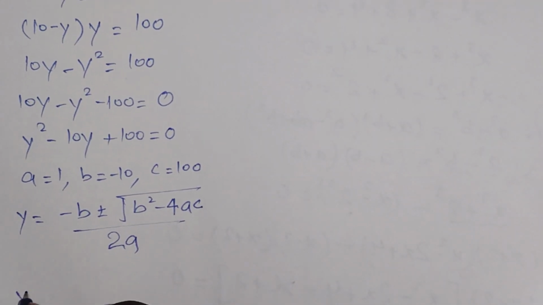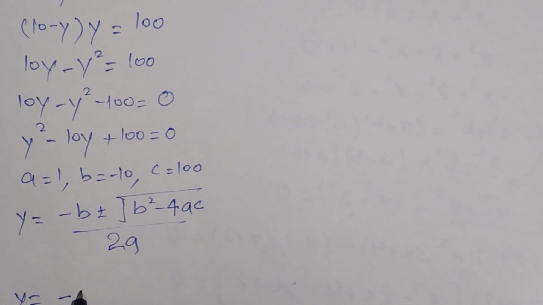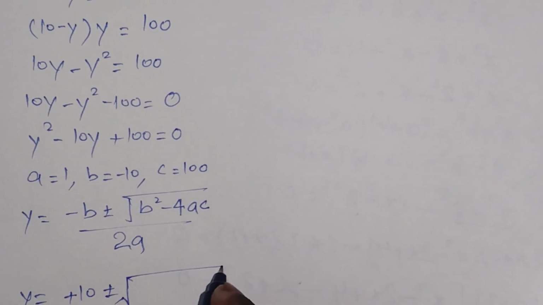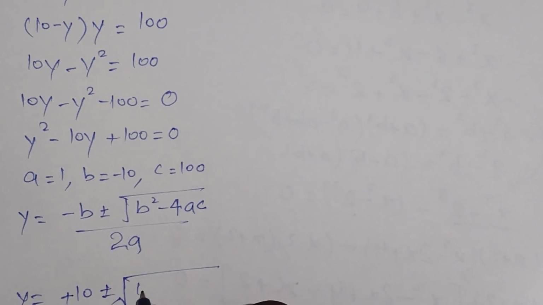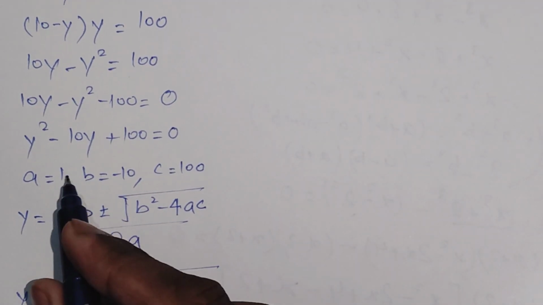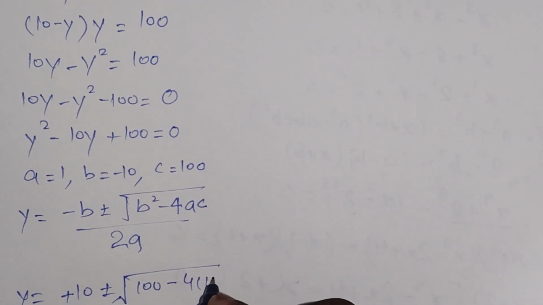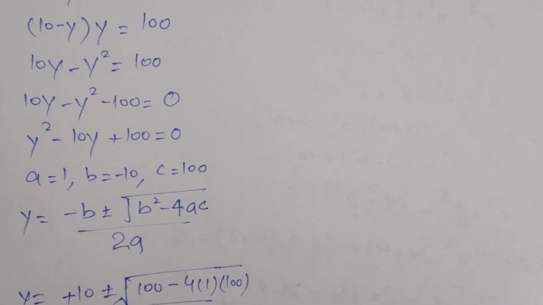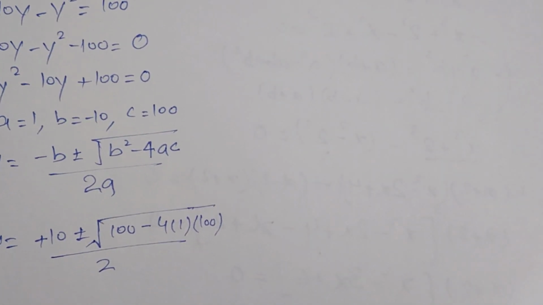So we will put the values of a, b, c in the above equation. It's minus of minus 10, plus minus square root of 10 square, which is 100, minus 4 into a, which is 1, into c, which is 100, all over 2 times a, which is 1.